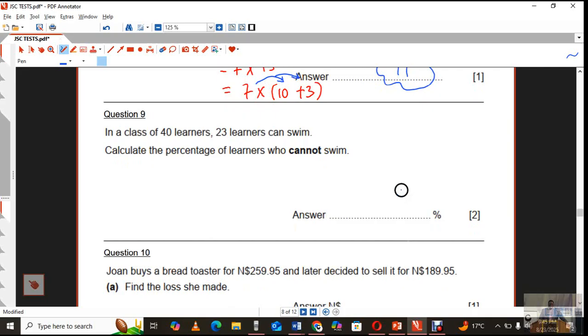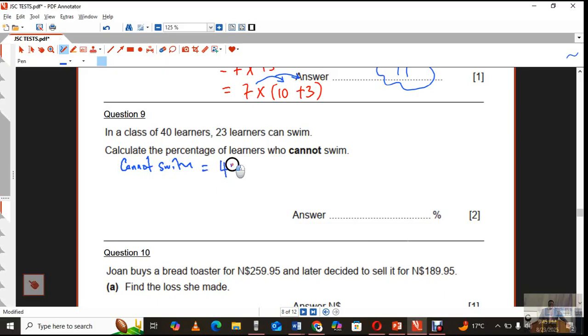In a class of 40 learners, 23 learners can swim. Calculate the percentage of learners who cannot swim. Right, so you have to be very careful here that you do not calculate the ones who can swim. So let's find the learners who cannot swim.